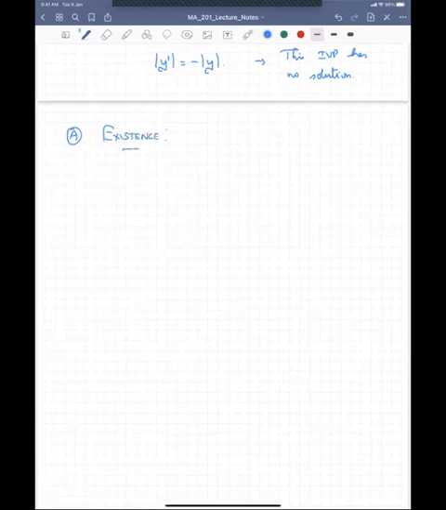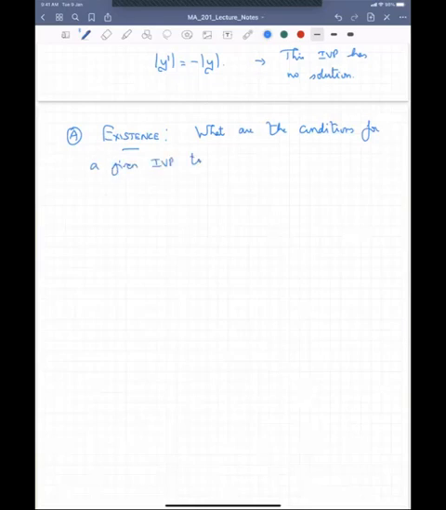This means, what are the conditions for a given IVP to have at least one solution? Which means that there could be more than one solution. I just want the condition that at least one solution exists.